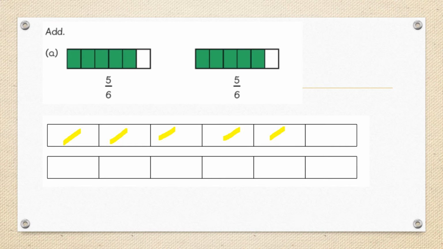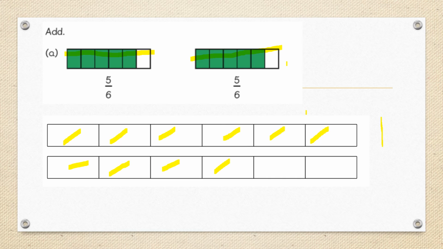I'm going to cross this one off because I've covered those 5/6. I'm going to do this one now. 1, 2, 3, 4, 5. Now we have one complete bar, so this equals 1.